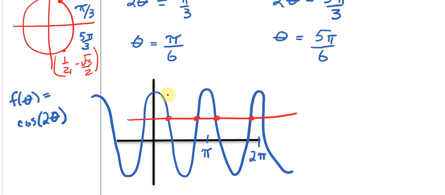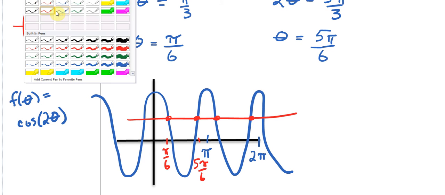And we know that pi over 6 has got to be one of those solutions. This is pi over 6. And we also know that right here 5 pi over 6 is one of those solutions. So how are we supposed to get the other 2? Well, it's not too difficult to figure that out.